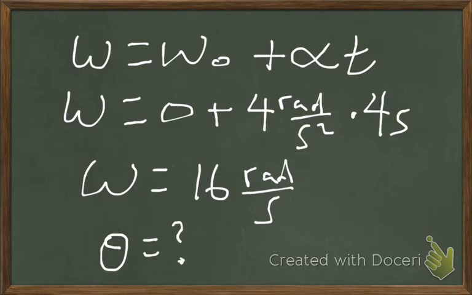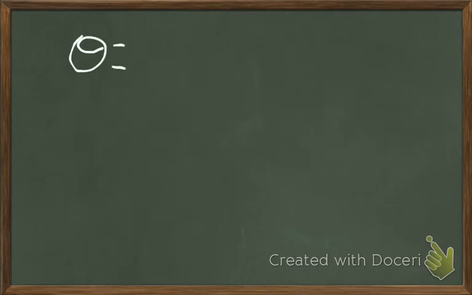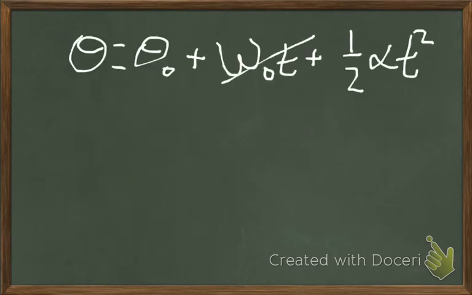How much did it turn? So how many radians did this spin through in this same process? Well, we know that we have a final angular velocity there. We know the time is still 4 seconds. We know the acceleration, and we know it started from rest. So we can use all of those things to find out what theta final is. And we're going to use that equation because we know that one was 0.